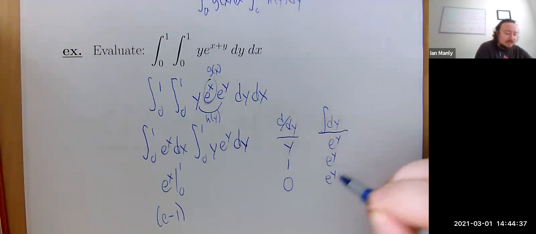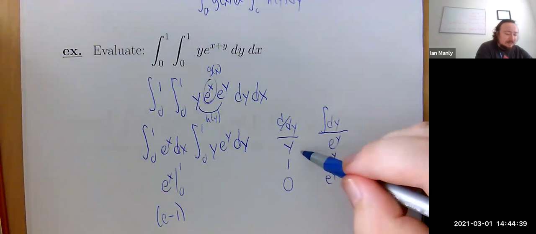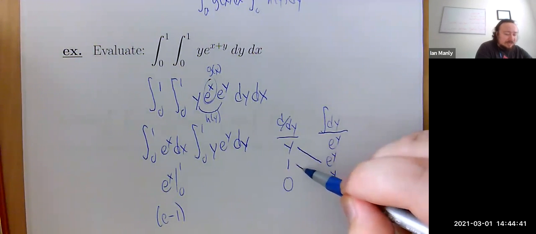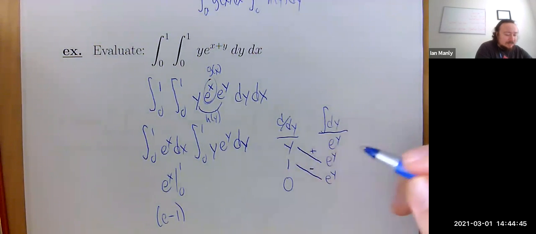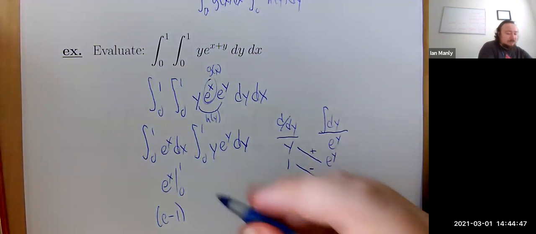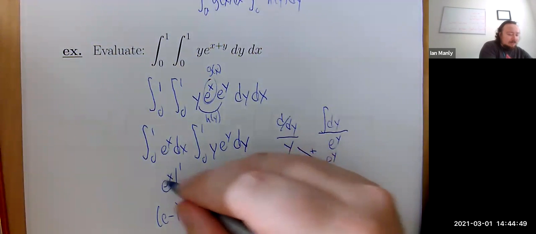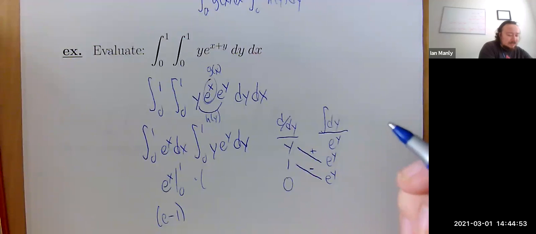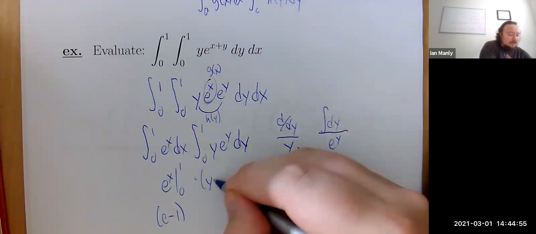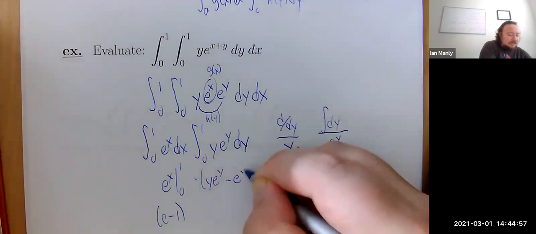I do integrals, and I keep getting e to the y. And then remember, we multiply down diagonally by these and alternate signs right here. So we end up with y e to the y minus e to the y.